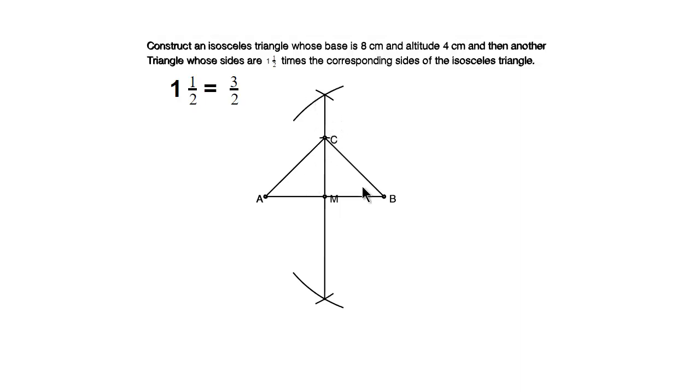And in a less than 1 ratio, you will always get the required triangle smaller than the given triangle. It is just the opposite. So extend AC and AB now. Now the next thing, you need to draw a ray AX, which makes an acute angle with the line AB.